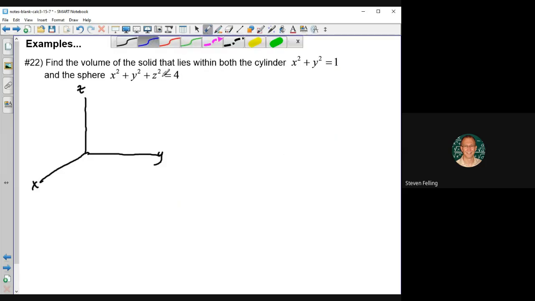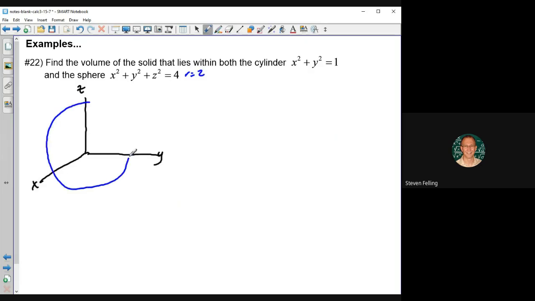We have a sphere of radius 2, right? So there's a sphere here, radius 2. But then inside there's a cylinder of radius 1, right? Where the axis of symmetry is z, because it goes forever in the z direction.